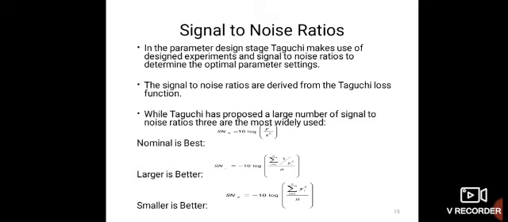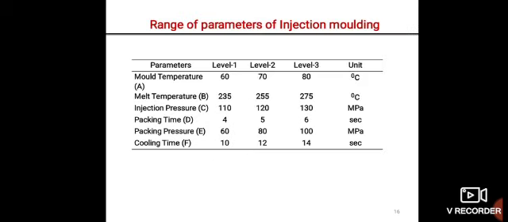We can see one example here. Suppose there is a plastic injection molding by which we can produce plastic parts, and there are 6 parameters: mold temperature, melt temperature, injection pressure, packing time, packing pressure, and cooling time. Suppose the range of mold temperature is between 60 to 80 and the unit is degree centigrade.